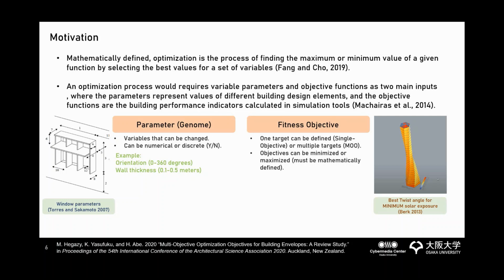In multi-objective optimization, a set of parameters, such as window dimensions, are controlled by the algorithm in order to achieve the fittest solutions possible for maximum and minimum of more than one objective, such as the annual solar exposure and daylight autonomy.